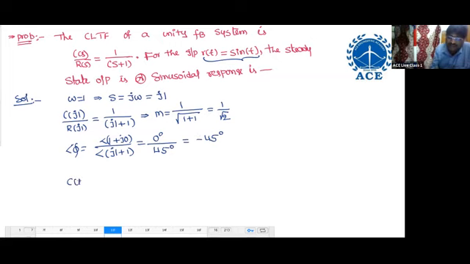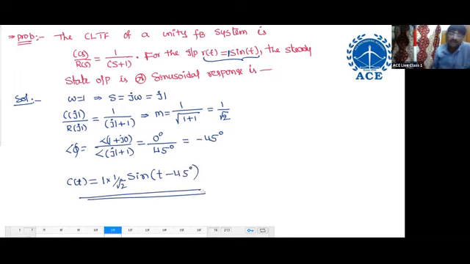Then write the C of t: magnitude should be multiplied, here 1 is there, so 1 into 1 by root 2, sin of t minus 45 degrees. This is the answer. But this method is valid only for stable systems. You should not do it for unstable systems; they don't ask that first, no need to worry.